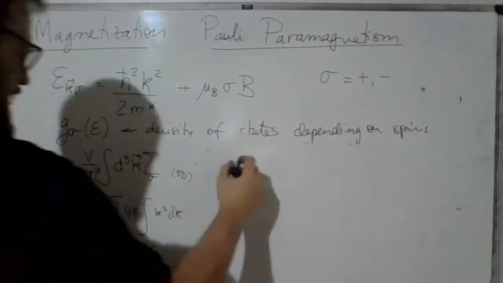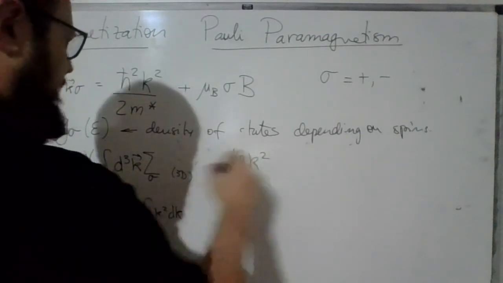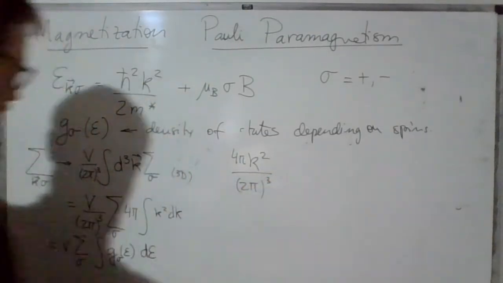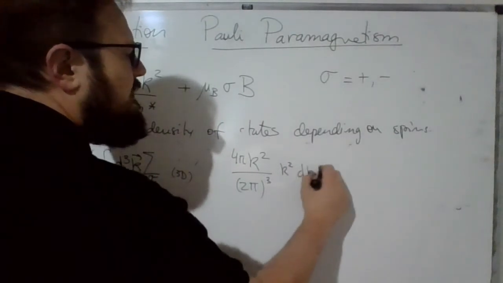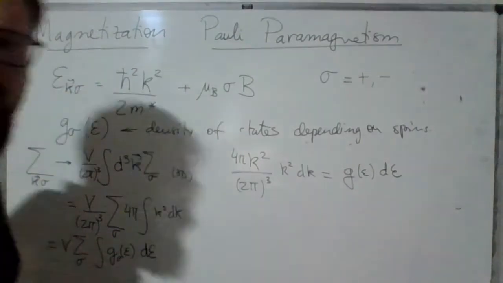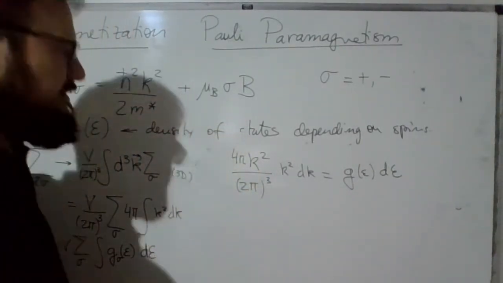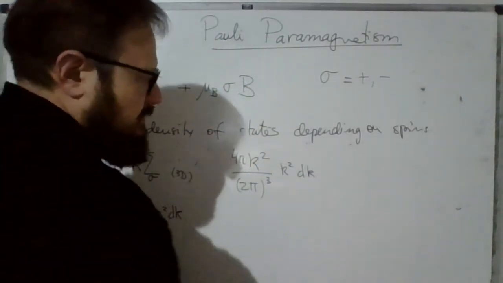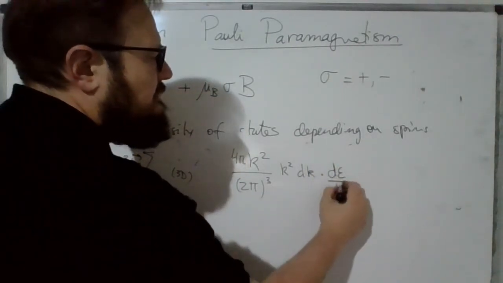So for k squared, 4 pi divided by 2 pi cubed, 4 pi k squared dk, to become g of the energy integrated over dE, we need to make the following identification. We can multiply here by dE over dk.